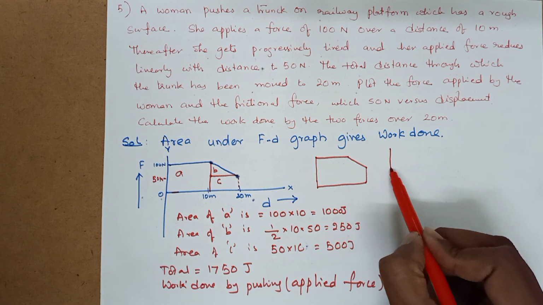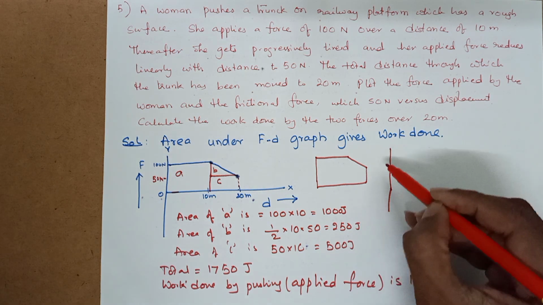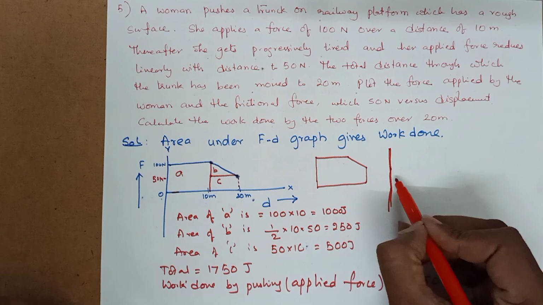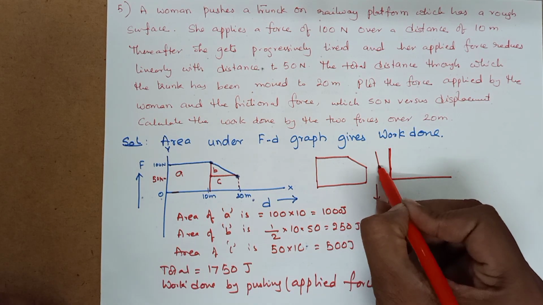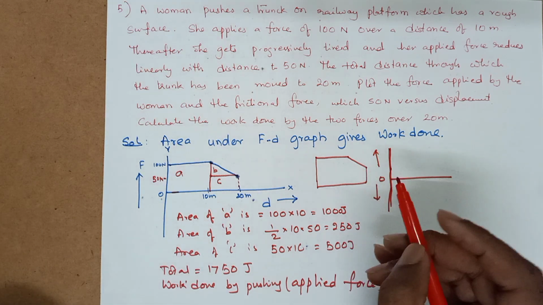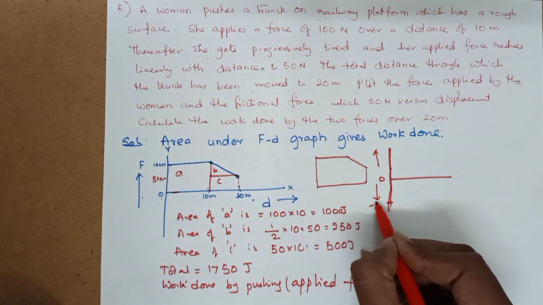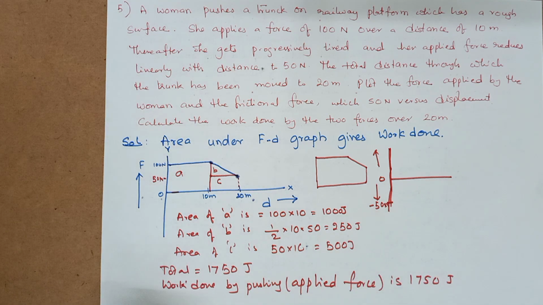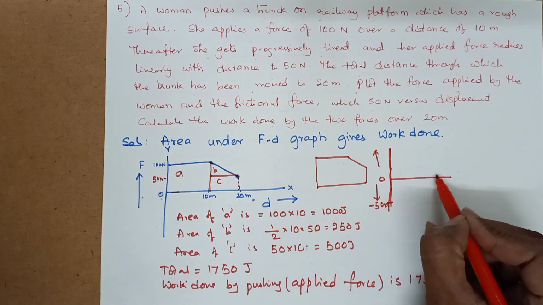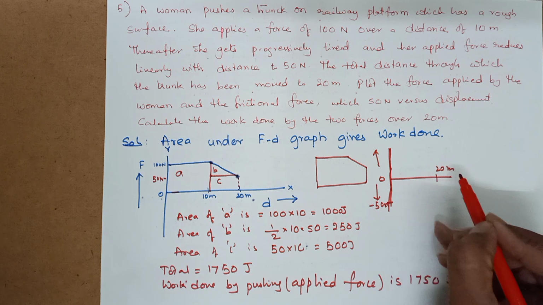Now this is 0, this is negative force, this is positive force. This is minus 50 newtons. The resistive force or frictional force is continuously opposing it, and the body has traveled 20 meters.